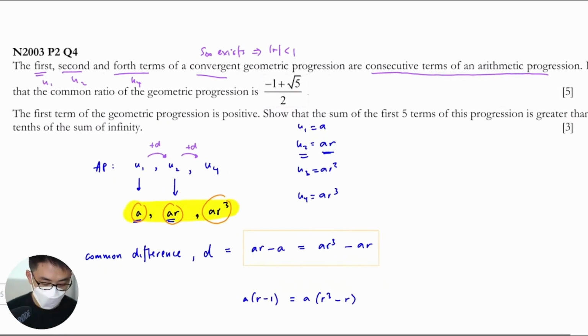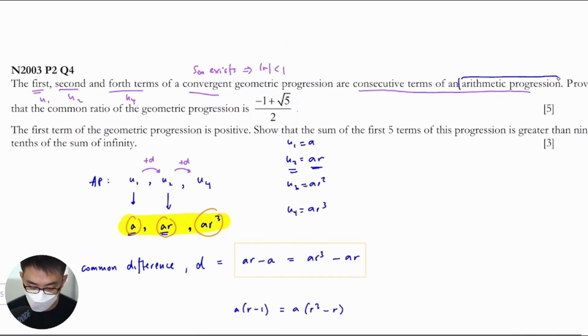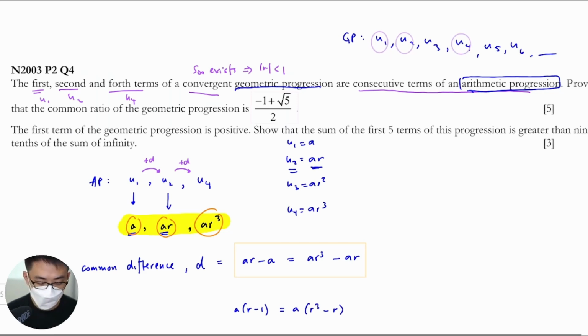Because of this AP here, he read the question, probably: the first, second, and fourth terms of a geometric progression. So in this GP you have U1, U2, U3, U4, U5 and so on. What it says is, if you take the first, the second, and the fourth, this will be an AP.